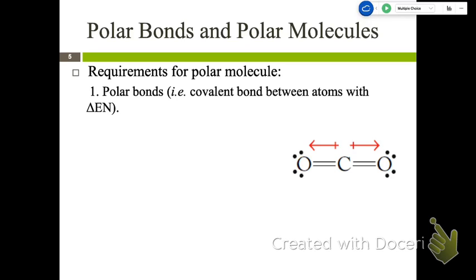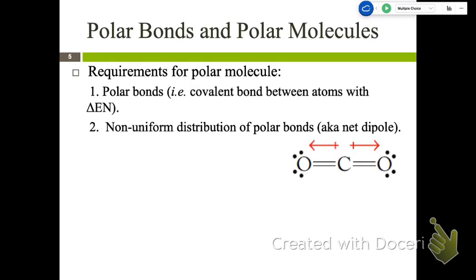So that means we have to go to the second step. We can't stop right there and say it's either polar or nonpolar. Next step is, is it a non-uniform distribution of electrons? What do we think? Talk to your neighbor. Decide if this is uniform or non-uniform. Is it symmetrical or is it not symmetrical?